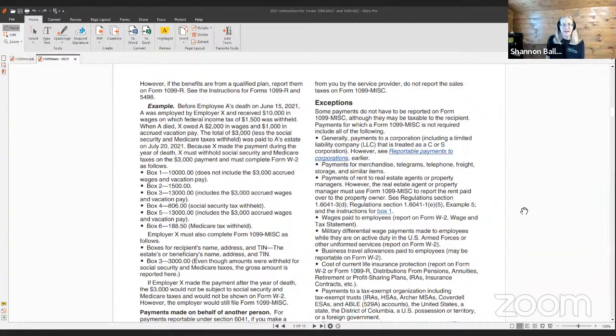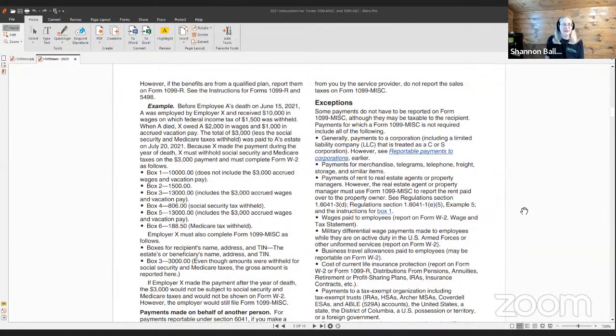Before employee A's death on June 15th, 2021, A was employed by employer X and received $10,000 in wages on which federal income tax of $1,500 was withheld. When A died, X owed A $2,000 in wages and $1,000 in accrued vacation pay.